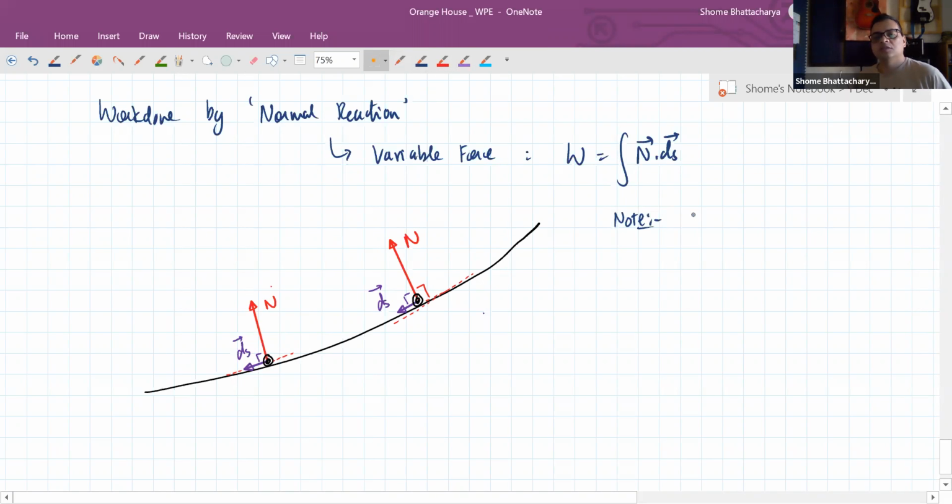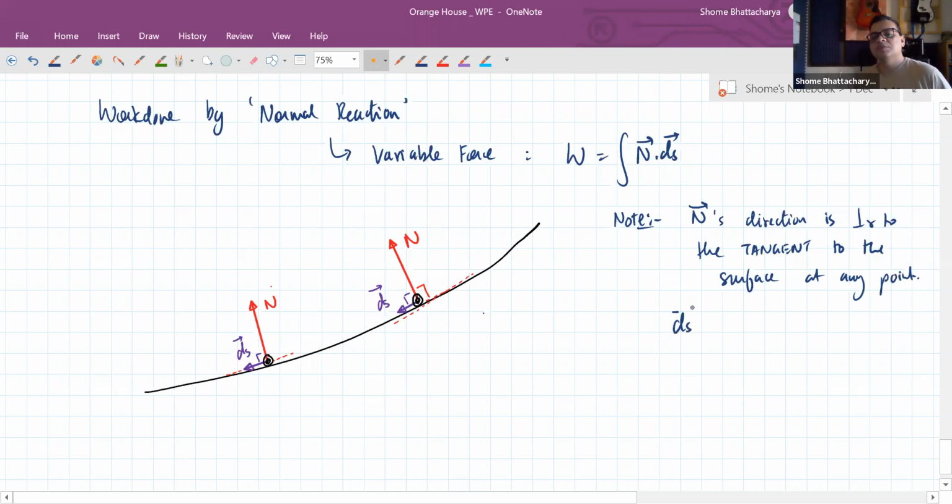So what is happening here is normal reaction's direction is perpendicular to the tangent to the surface at any point, and a differential displacement is along the tangent at a point.